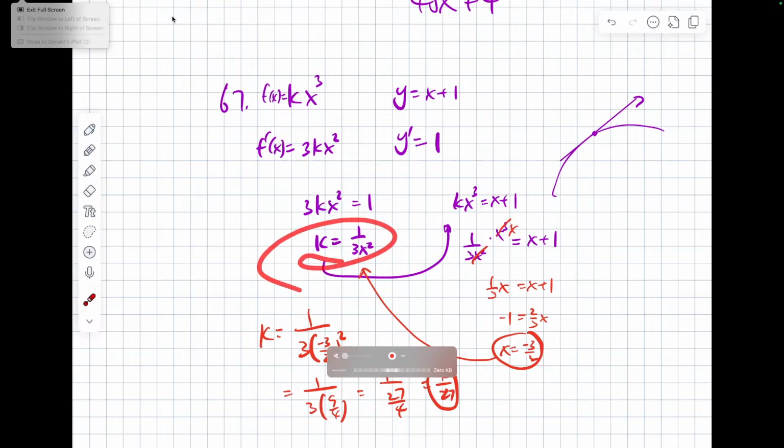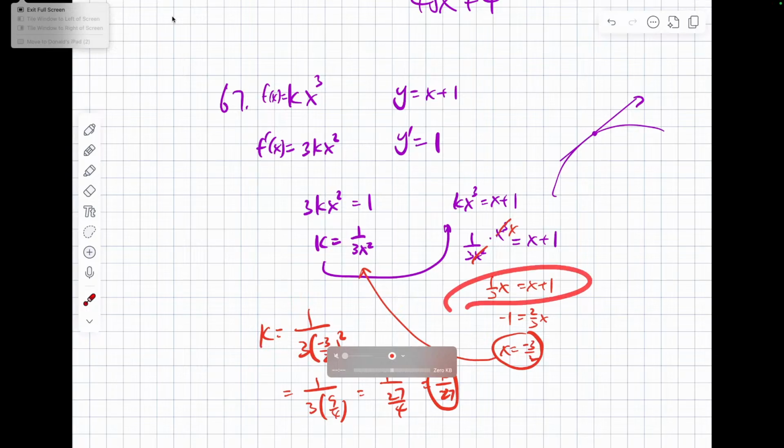So k equals 1 over 3x squared. I plug in here. That's 1 over 3x squared times x cubed. The x squared and x cubed cancel out. I get this, and I go ahead and solve it. Then you plug in and you get 4 over 27. It's actually just the math part of it.